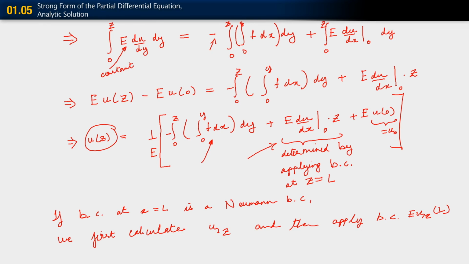If E is not a constant, it makes the process a little more complicated, and likewise if f were some sort of complicated function. Furthermore, this simplistic approach works only in one dimension. As we go up to higher dimensions, integrating up the equations of this form, this particular linear elliptic PDE, is not at all a trivial matter. Exact solutions or analytic solutions exist only for very special cases.